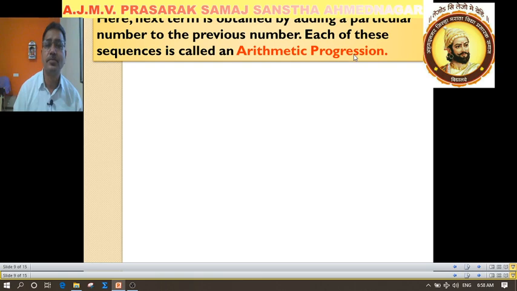So what is meant by arithmetic progression? If in a sequence the next term is obtained by adding a particular number to the previous number, then such sequences are called an arithmetic progression.